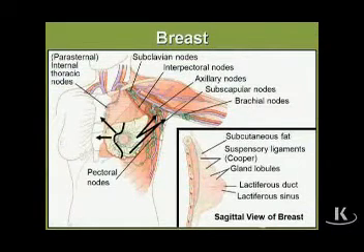And if we divide the breast with a line something like that, where the lateral portion includes all of the nipple and areola region, then we can say that that lateral portion of the breast has its lymphatic drainage going toward the axillary lymph nodes.